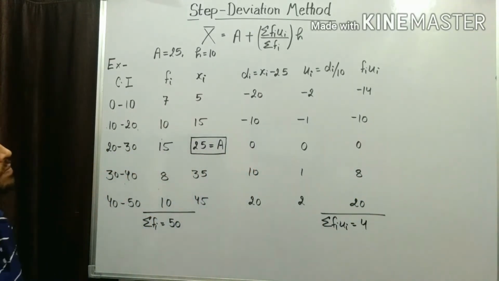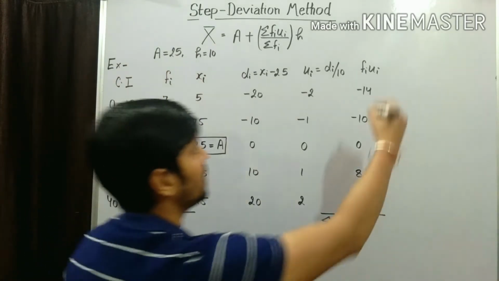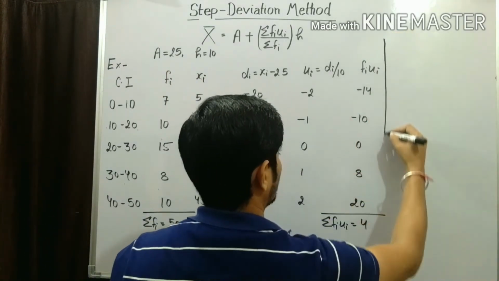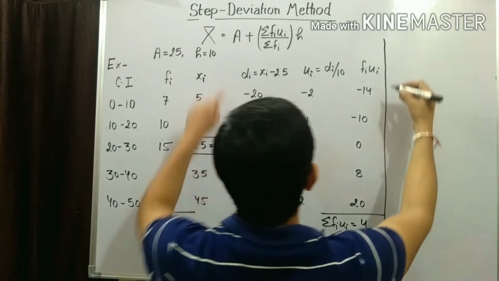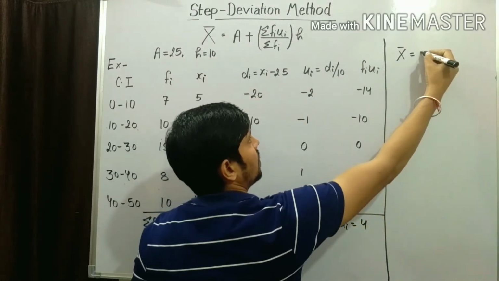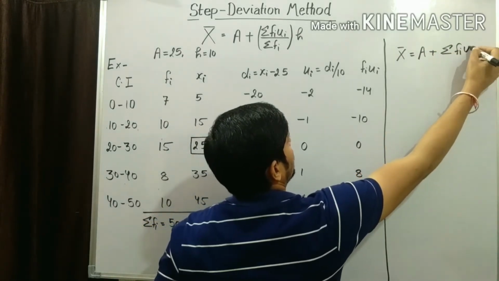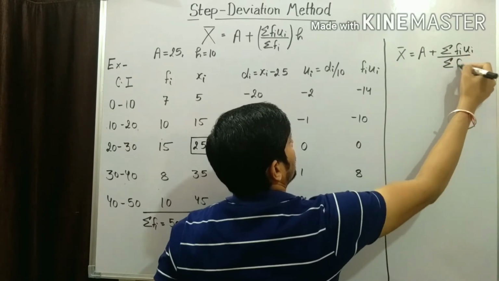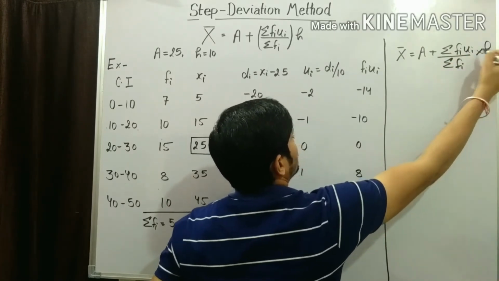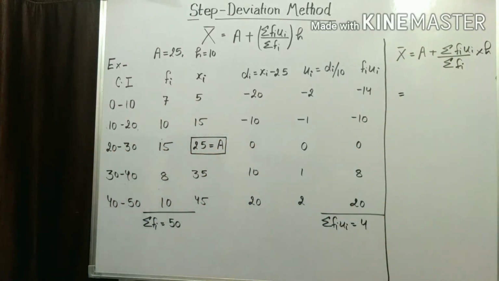Now we have the formula. This formula we have to use here. How will we find the mean? Mean, x bar, equals a plus summation of fi ui over summation of fi, into h. What is a? a is the assumed mean.